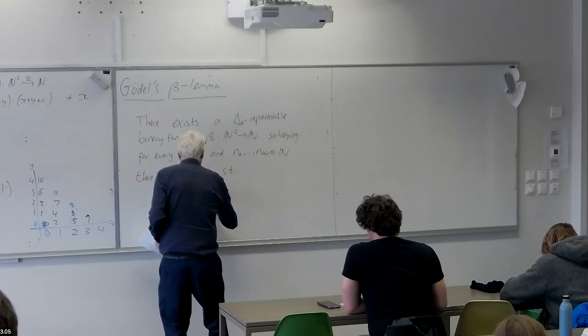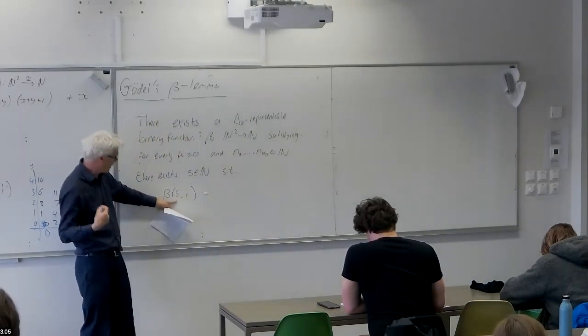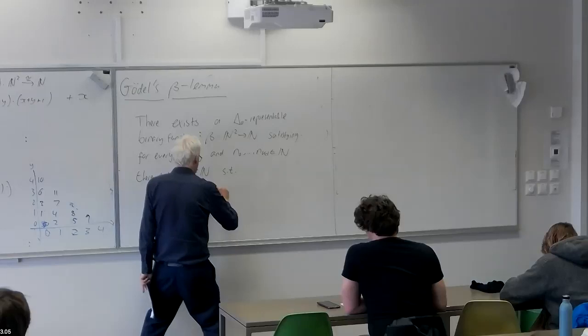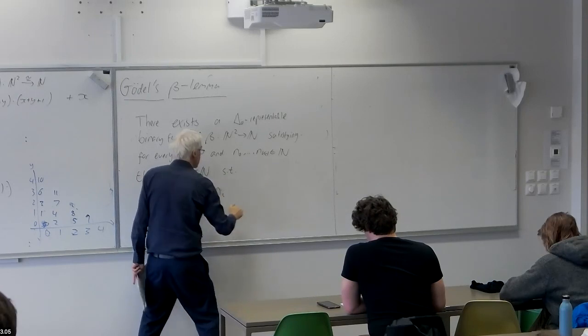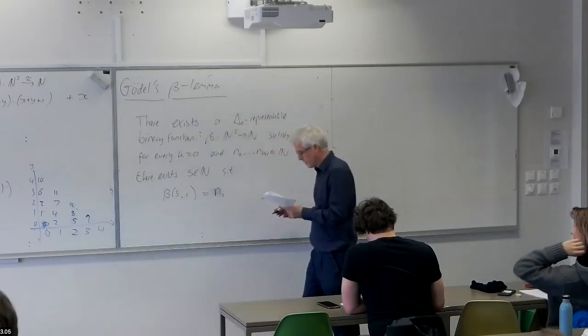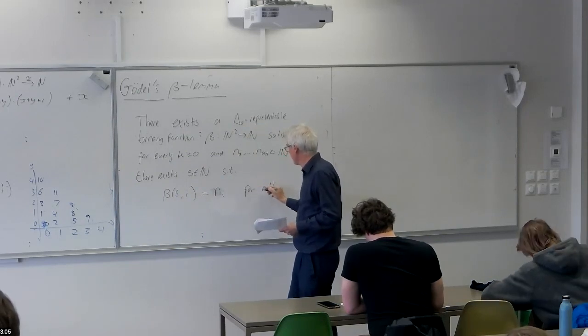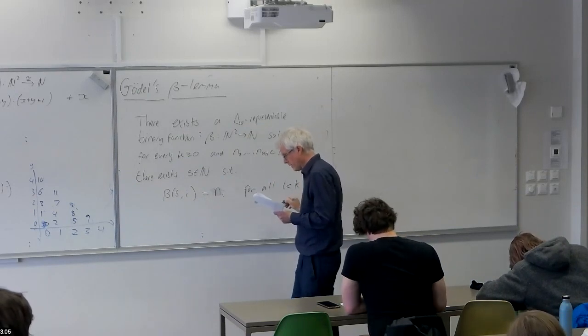So if we apply the beta function to the encoding s of the sequence, the number encoding the sequence, and the index of an element, we get back indeed the element n at the index, so the relevant element of the sequence. So this should hold for all i strictly less than k.